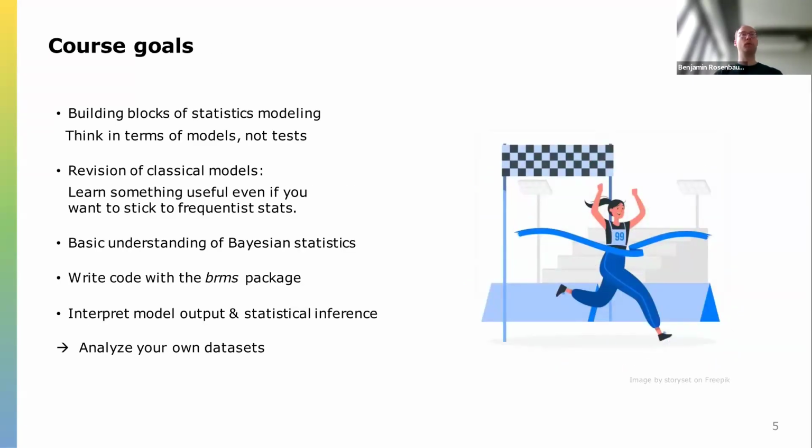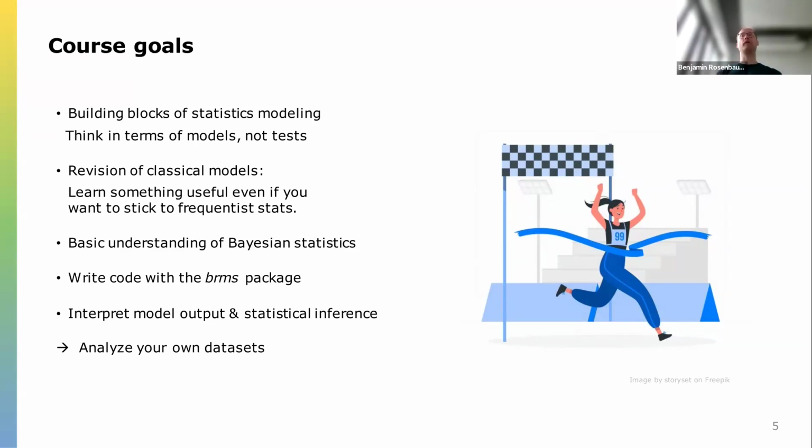What I hope that we will achieve during this course are the following things. First of all, to my experience, often statistics is performed in a way that you think of a statistical test, and then you think of, okay, what kind of questions can I answer with a statistical test?